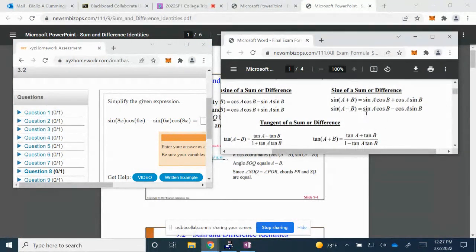If I look at my formulas, it seems as though the difference of sine formula fits that pattern. We have a sine times a cosine minus a cosine times a sine. So I've written the problem down, and I'm going to go back to the camera.